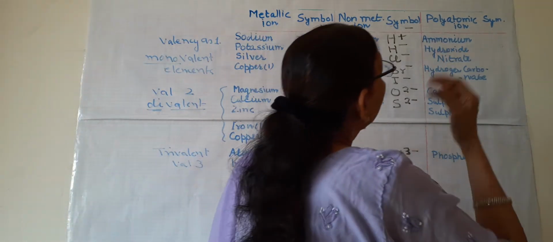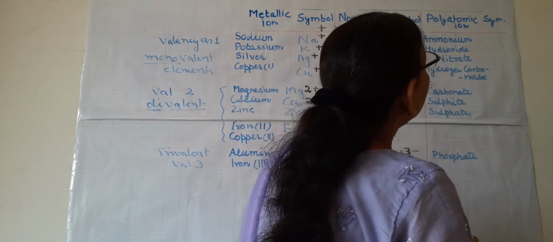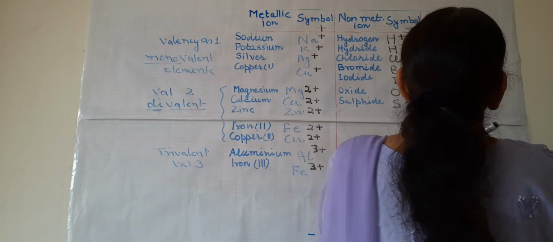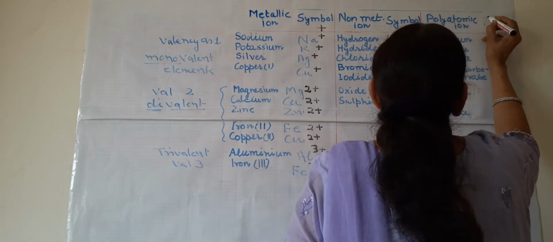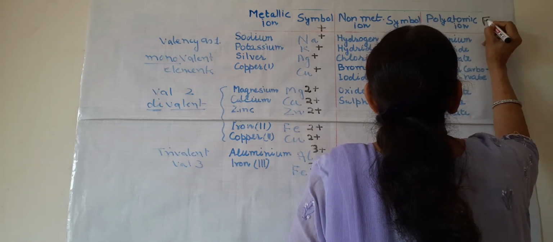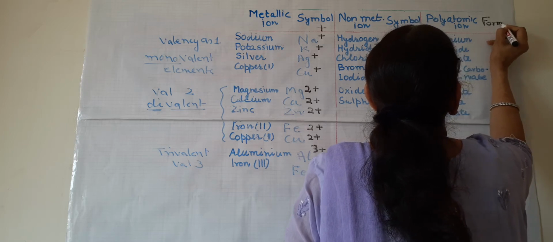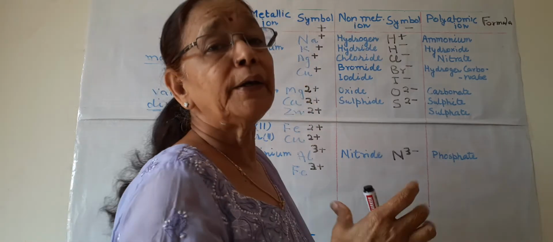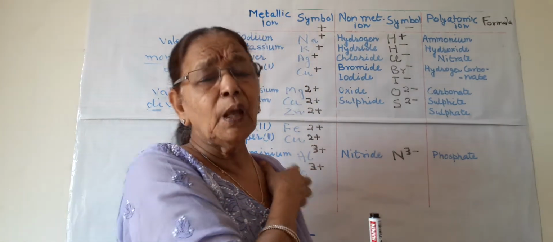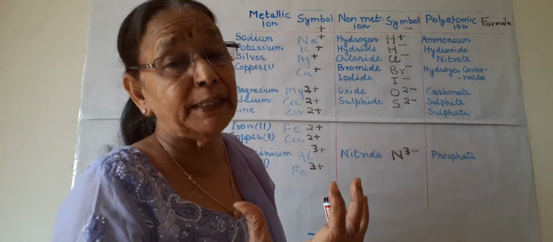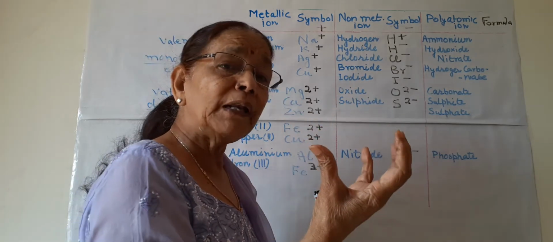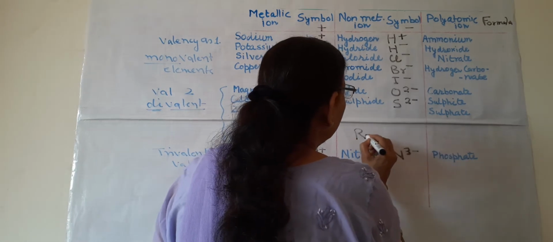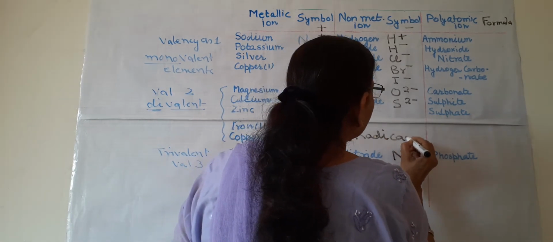Now we have written polyatomic ions. So here I should write formula instead of symbols, because a symbol is of a single element. And what are polyatomic ions? Polyatomic ions have more than one element, and this group of elements is known as a radical.